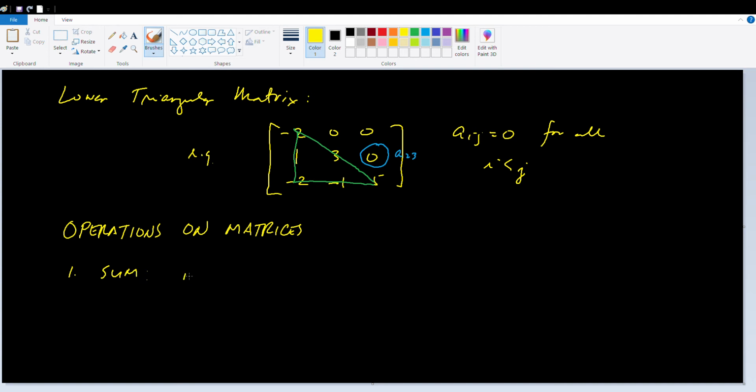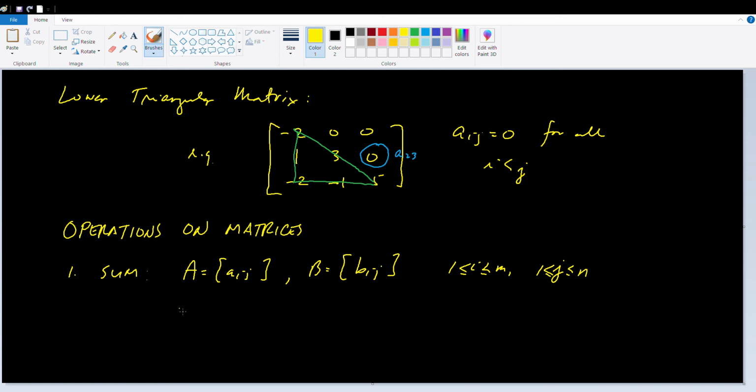If you have a matrix A, Aij, and matrix B, Bij, where i is from 1 to m and j is from 1 to n, A and B must have the same size for the sum to be defined.